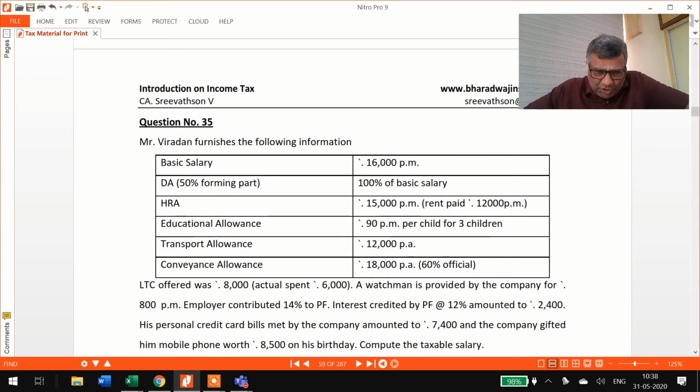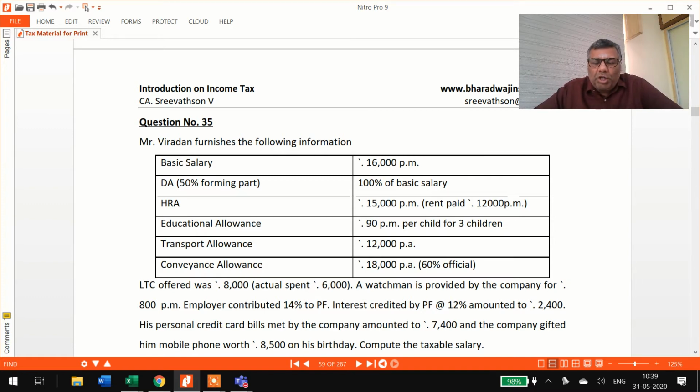Transport allowance 12,000. Conveyance allowance 18,000, 60% official. Leave travel concession 8,000, amount spent 6,000. Amount spent is the cost by shortest route. 8,000 they gave, 6,000 is the cost by shortest route, so 2,000 will become taxable. A watchman is provided by the company for 800 per month.